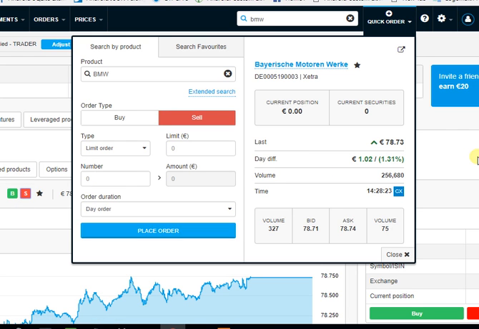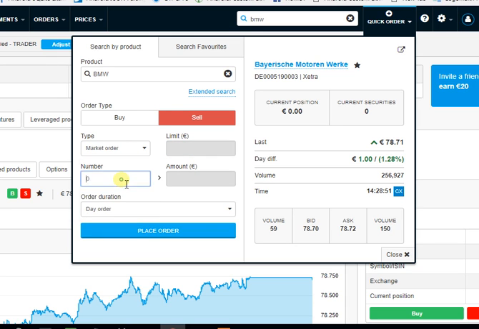So the difference is if I have securities of BMW already, securities just mean shares, say 100 shares, and I press the sell button, obviously they're gonna sell the 100 shares that I already own. But if I have nothing and I want to short it, I go sell instead of buy. I click sell, and I say 100 shares.